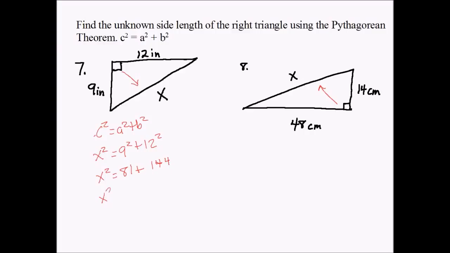So now I have x squared, which is equal to 225. I'm so sorry. And so when we square root both sides, x equals the square root of 225, which is on your chart. Remember, these cancel out, so x is going to be equal to 15.